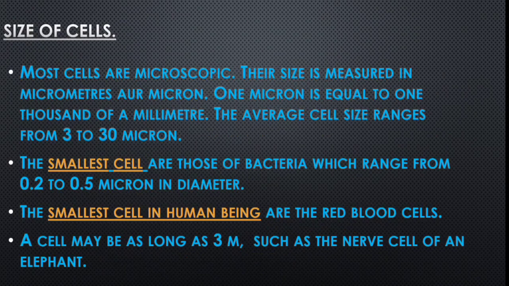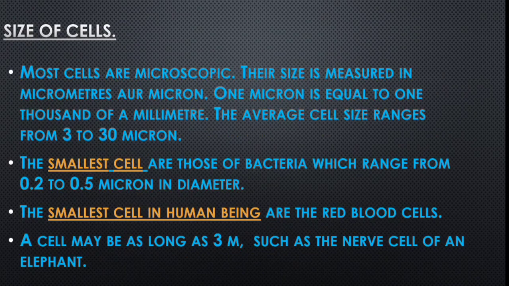Now consider 1 millimeter and divide that 1 millimeter into 1000 parts, and take one part of it. That much small is a cell. You cannot even imagine how small it is.